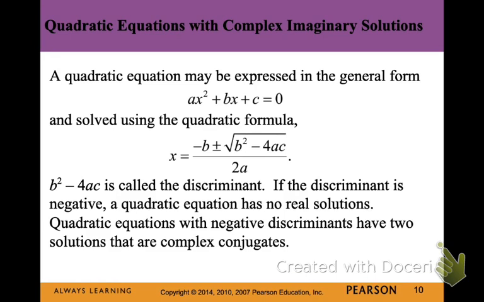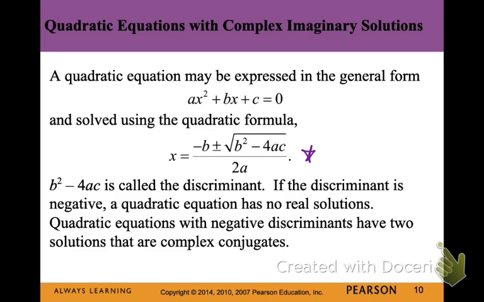So sometimes your solutions of quadratic equations can have complex imaginary solutions. Remember, the standard form of a quadratic equation is ax squared plus bx plus c. And then with your quadratic in that form, you can apply the quadratic formula. If you recall that, b squared minus 4ac, the term that is inside the square root is called the discriminant.